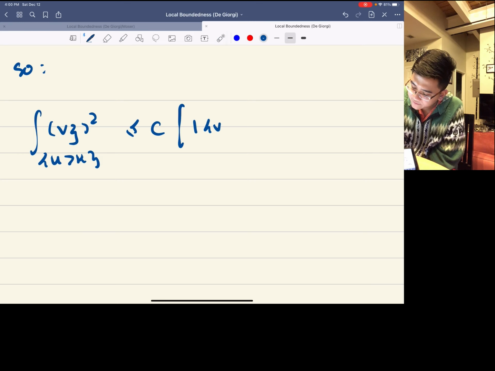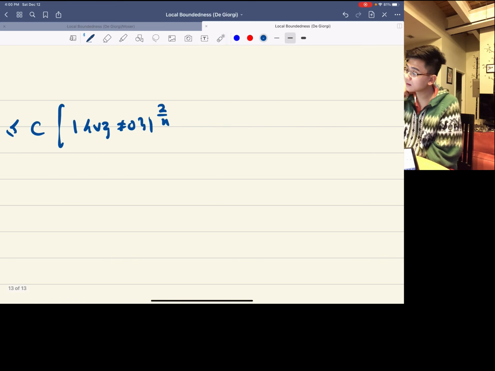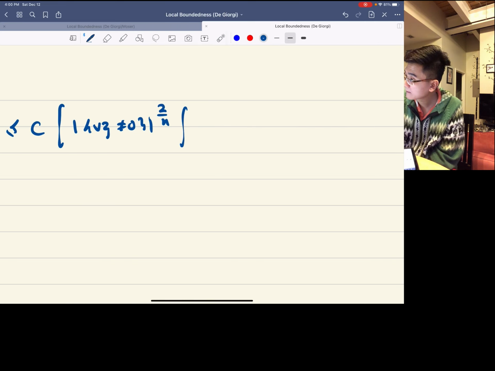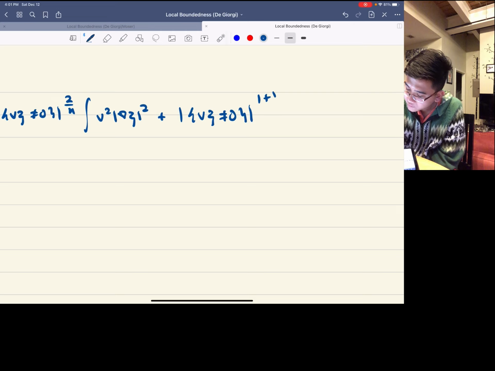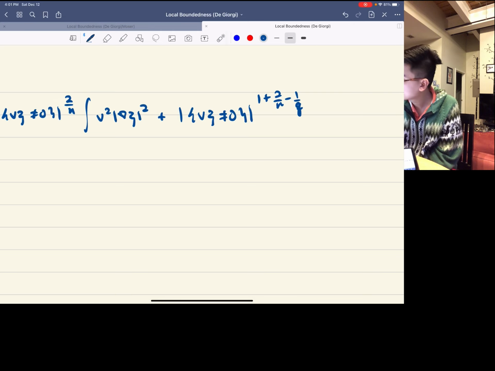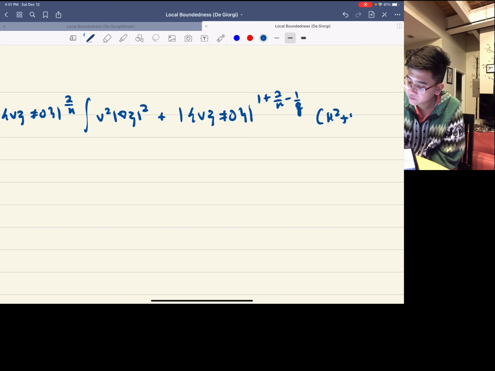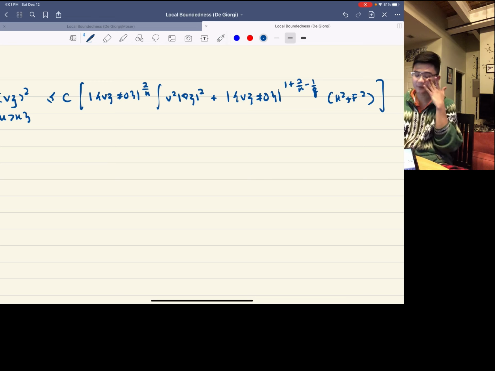Measure of v zeta not 0 raised to 2 over n times v squared, this is grad zeta squared, plus we have the measure of v zeta not 0 raised to 1 plus 2 over n minus 1 over q times k squared plus f squared. So we literally just plug in the estimates that we know.